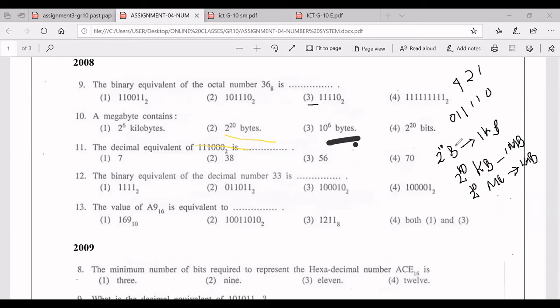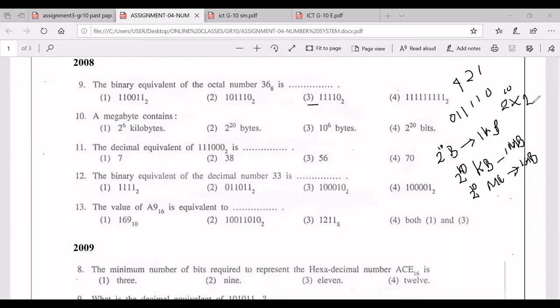So how many bytes do we need for 1 megabyte? You can see 2 to the power 10 bytes is equal to 1 KB. Then again 2 to the power 10 KB is equal to 1 MB. So how many bytes inside 1 MB? That is 2 to the power 10 into 2 to the power 10, right?